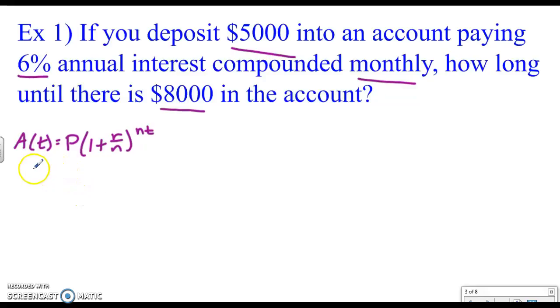Okay, so this time we're given our final amount, which is $8,000, and our principal, which is $5,000. Our rate is 0.06, and monthly means 12. So if I plug all of that in, I'm looking for the t this time. So we're going to do a little bit of simplifying here, and we're going to have to use logarithms this time to solve.